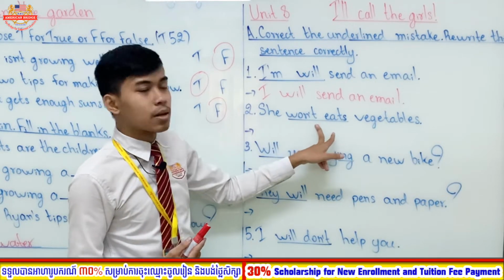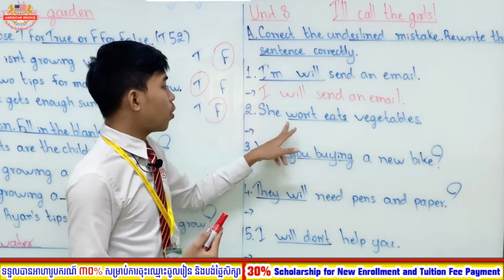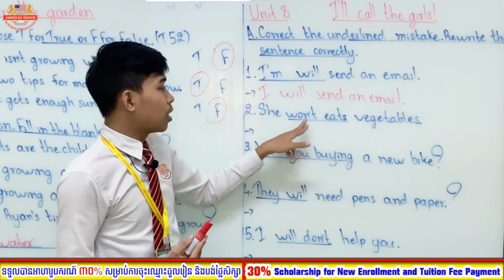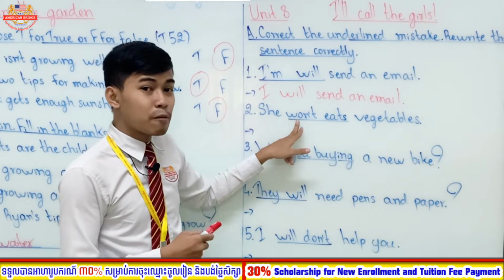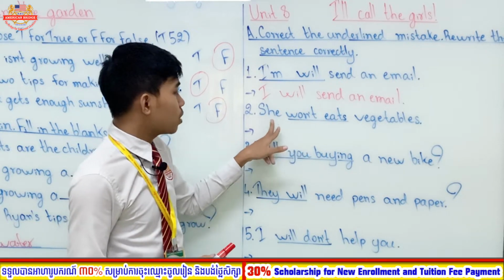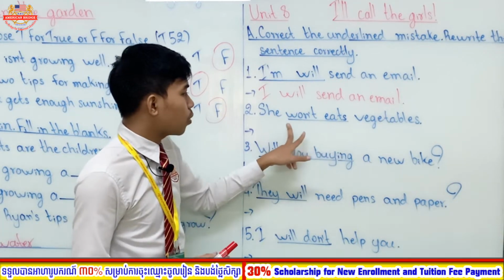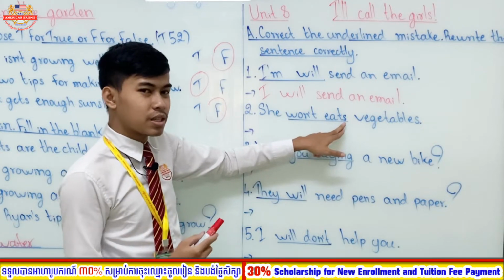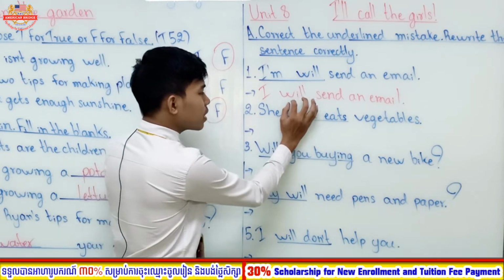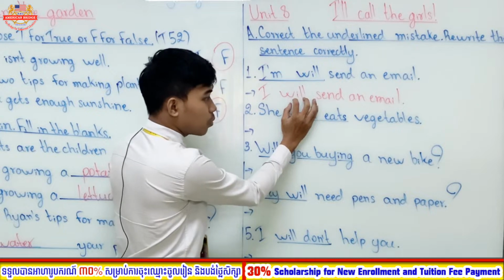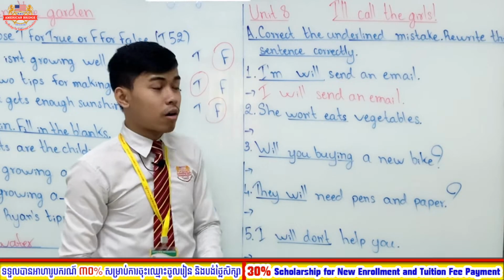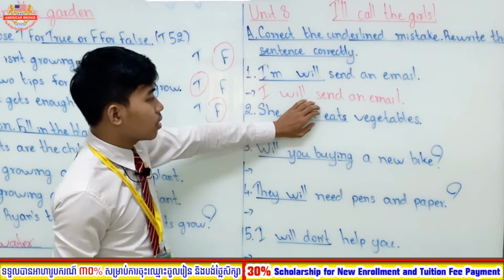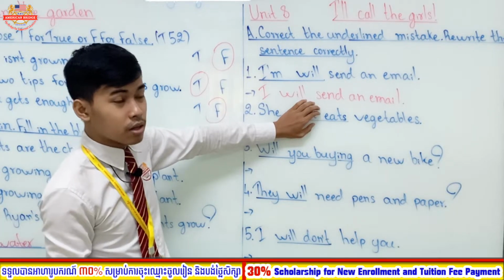Let's go to number 2. She won't eat vegetables. Won't here is the short form of will not, right? So what is the mistake? The mistake is here, eats, you see the s. If there is no won't, "she eats vegetables" is correct.